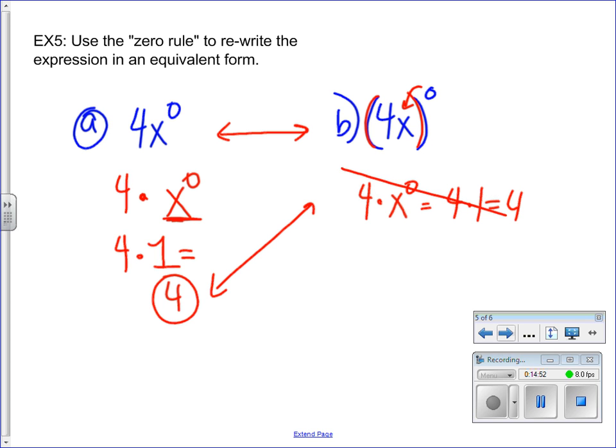But that is not the case. What we're doing here is raising this whole thing to the 0 power, and anything raised to the 0 power is 1. So 4x all to the 0 power is actually just equivalent to 1.